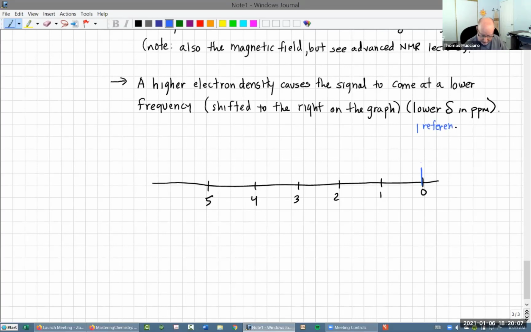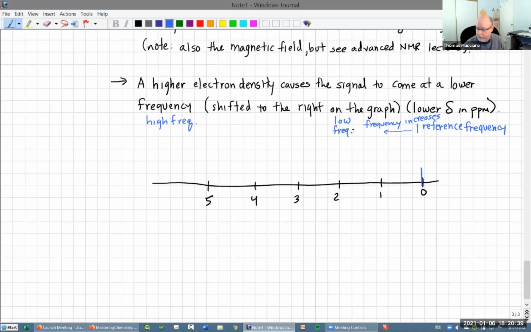I have to look up what the exact term for this is, because there's two different basic frequencies, okay? And then what we see is in this direction, the frequency increases. So up here we have a high frequency, and down here we have low frequency.